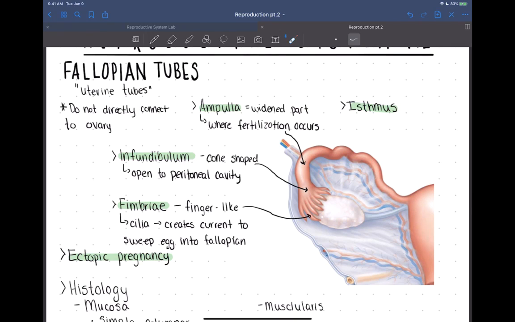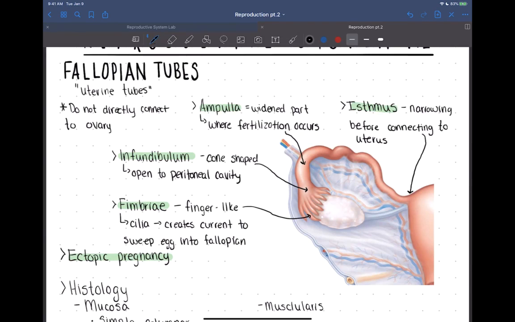Then, just before the fallopian tube meets the uterus, we have the isthmus. The isthmus is where the fallopian tube narrows, a narrowing before connecting to the uterus. The isthmus would be right here.